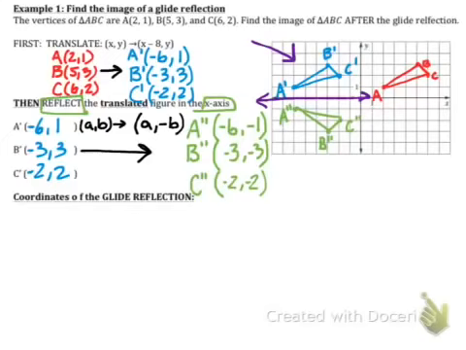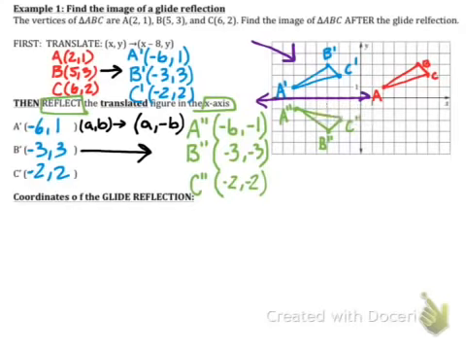What I was talking about earlier about the line of reflection being parallel to the previous image: the green triangle is the new image, and the line of reflection is parallel to the image and its pre-image.